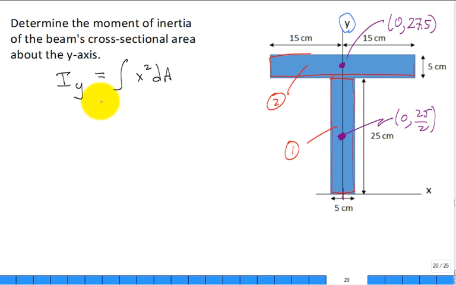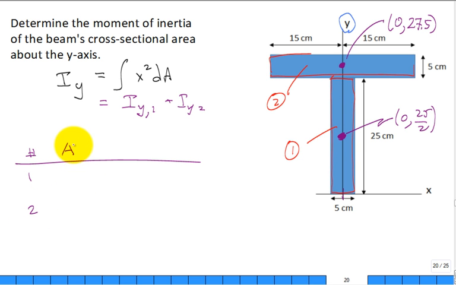We're going to treat this as a summation of I sub y for area 1 plus I sub y for area 2. Put it in a table. The number for our area, just 1 and 2. What is the area for each of those? We're working in centimeters squared. It's 5 times 25. And I'm just going to show the math. 125 centimeters squared. How about for area 2? 30 times 5. That's 150 centimeters squared.